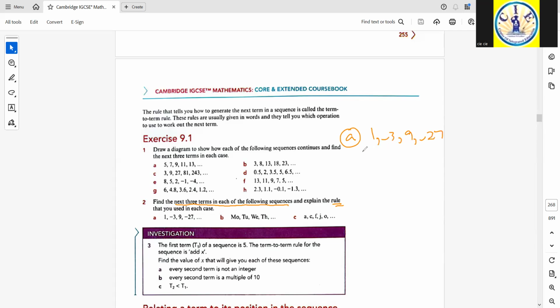We see that these are the multiples of 3, like the terms are got by multiplying 3, though 1 is not a multiple of 3, it is a factor of 3. So we see that the next term of the sequence is got by multiplying by 3.